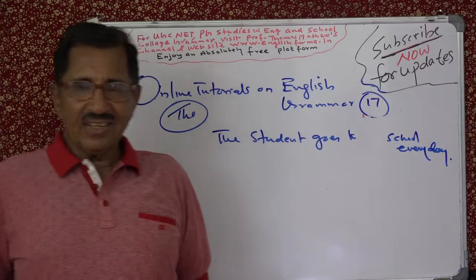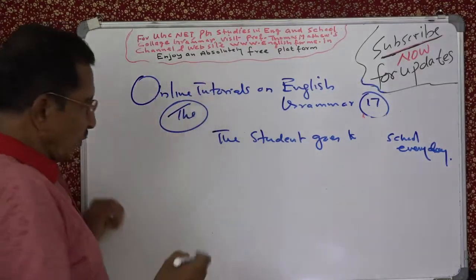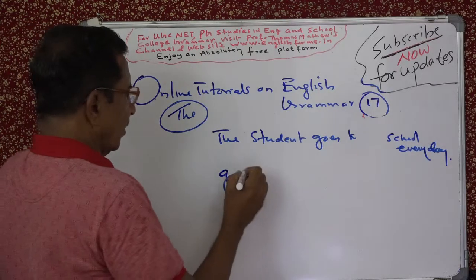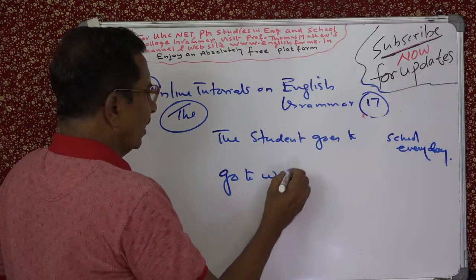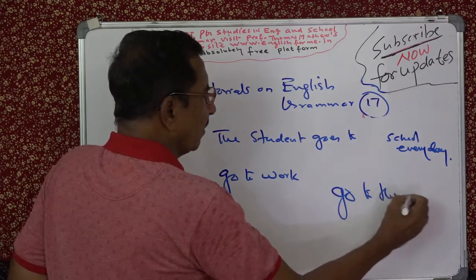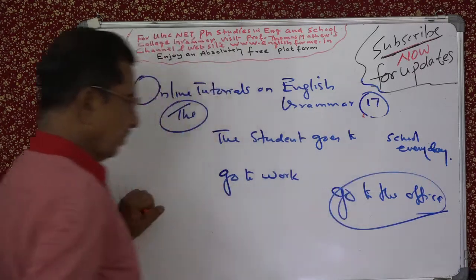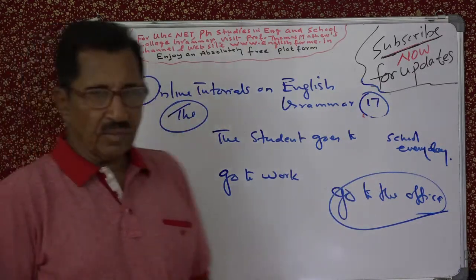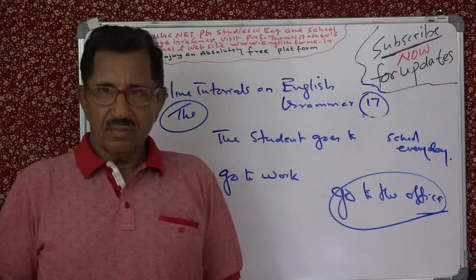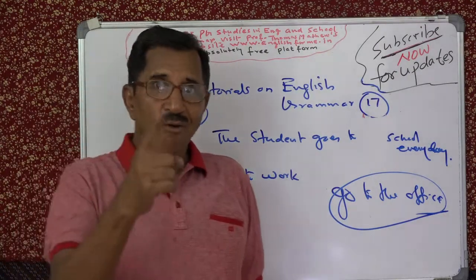Understand? Now, there are two other expressions in which we very often make mistakes. That is, go to work. Go to work. Go to the office. So now it's easier. I go to work. My mother goes to work. My father went to work. But my father went to the office.